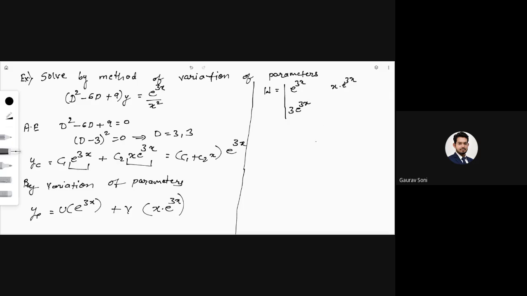Derivative of x e to the power 3x is x times 3 e to the power 3x plus e to the power 3x times 1. Oh, sorry. If I take e to the power 3x common, what I will have is (3x plus 1) e to the power 3x.